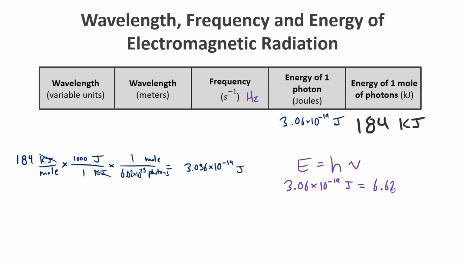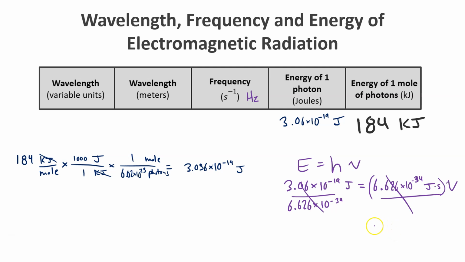Planck's constant, if you look it up, is 6.626 times 10 to the negative 34 joule seconds. And that is multiplied by the thing I want, the frequency. So we're going to leave that as the variable to solve for. That means I'm going to divide both sides by Planck's constant to algebraically cancel it out. 6.626 times 10 to the negative 34 divided on both sides.